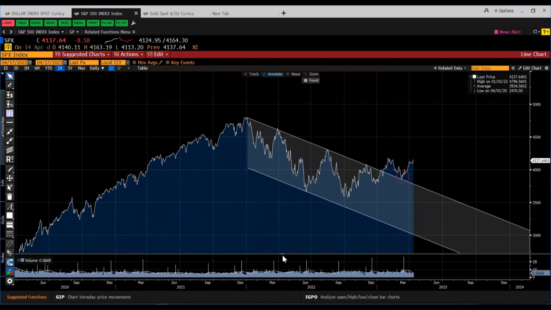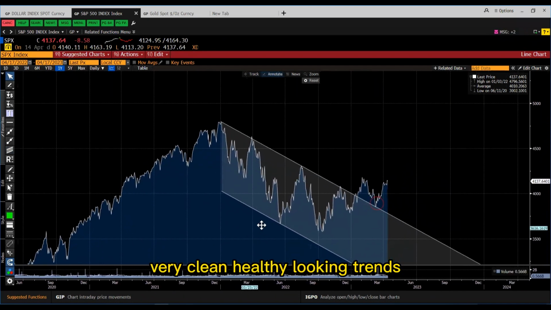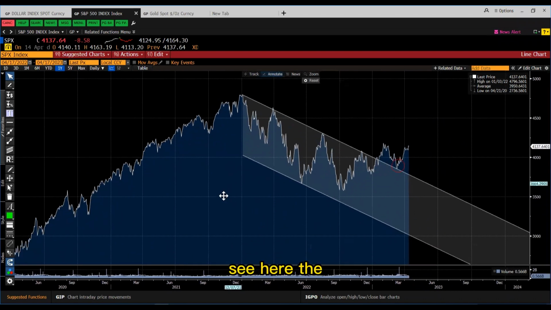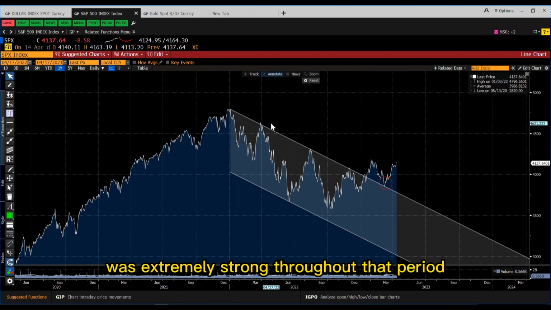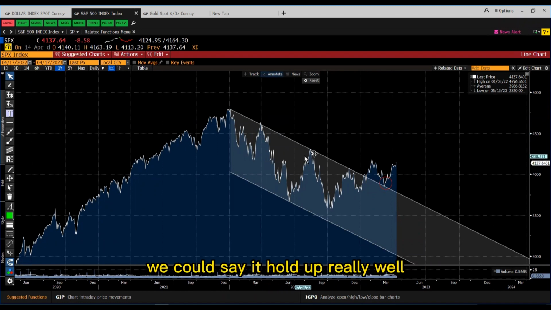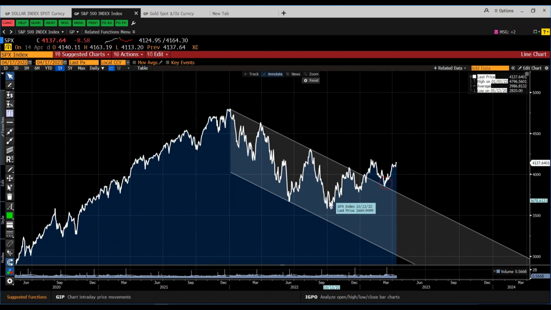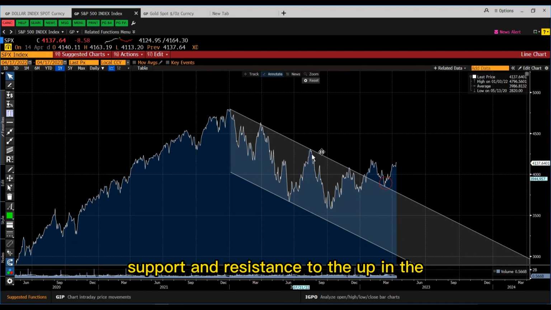The S&P, very clean, healthy looking trends. See here the downward trend there was extremely strong throughout that period. We could see it hold up really well within these nice healthy ranges, forming really good support and resistance on the bottom and top sides.